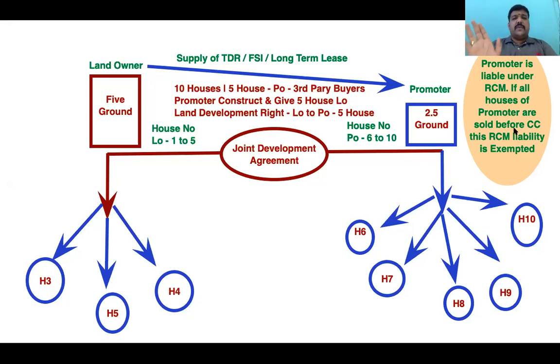Like Ambika raised the question, sir, we had 2 houses sold before completion certificate and 3 houses sold after completion certificate, then for transfer of development right, take the full value of the transfer of development right. To the extent of 2 houses, you exempt them. To the extent of 3 houses, the promoter is liable to pay tax under reverse charge.